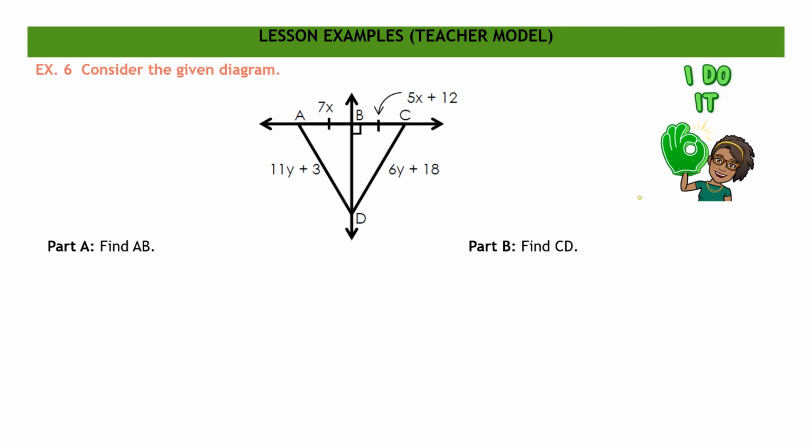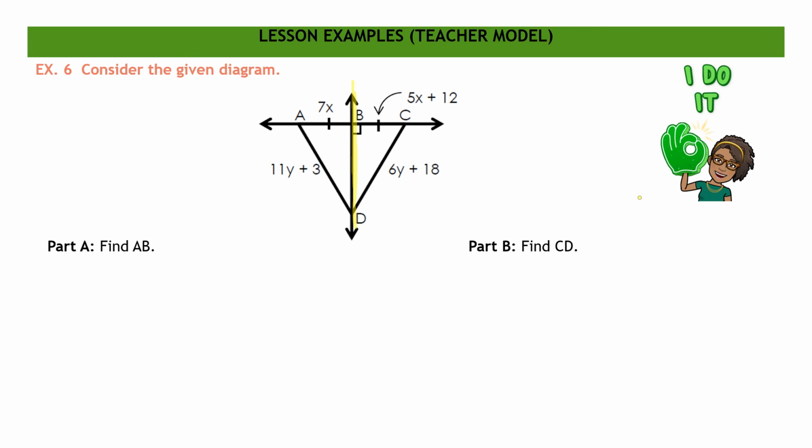We see that line segment BD intersects line AC, and it creates a perpendicular line.